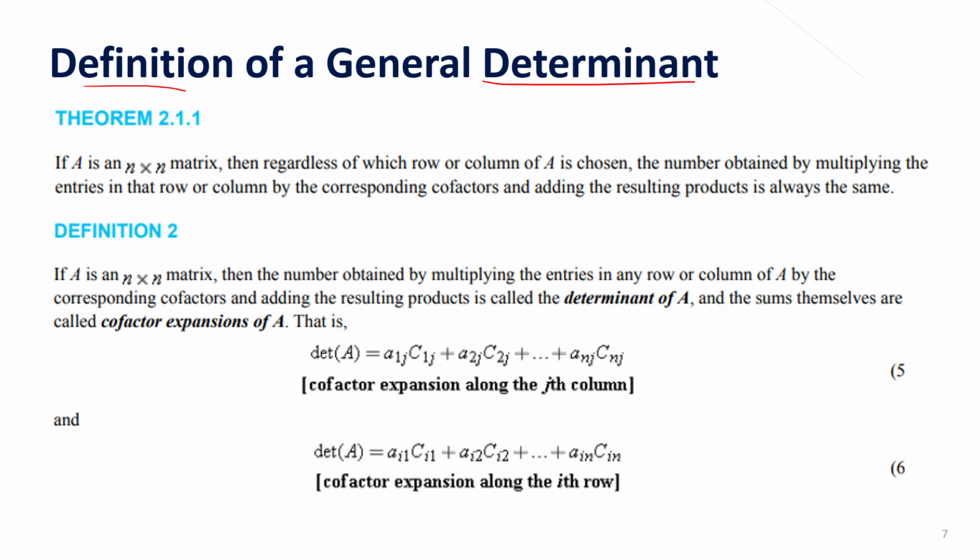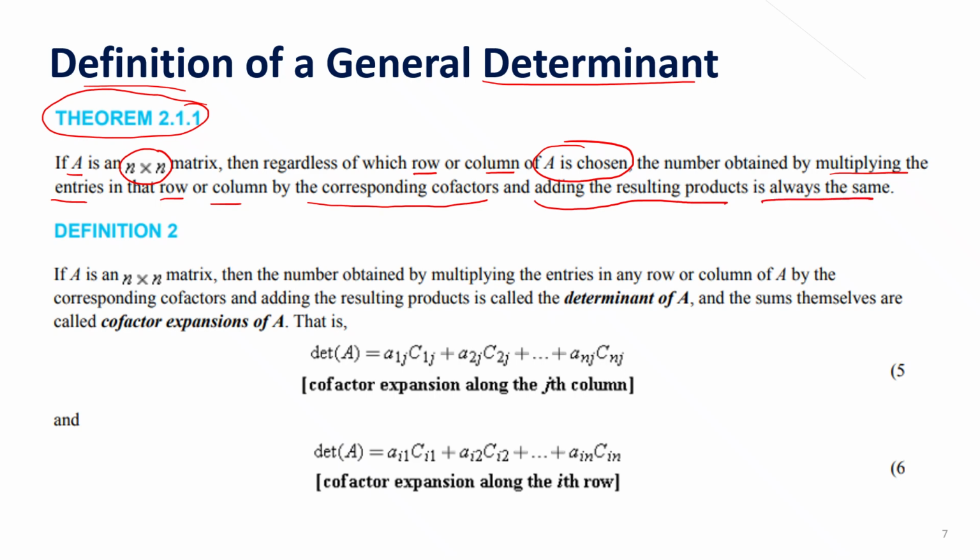So the theorem is as follows. If A is an n by n matrix, then regardless of the row or column chosen from A, the number obtained by multiplying the entries in that row or column by their corresponding cofactors and adding all the products will always give you the same result. Therefore, you will have this when you have an n by n matrix.